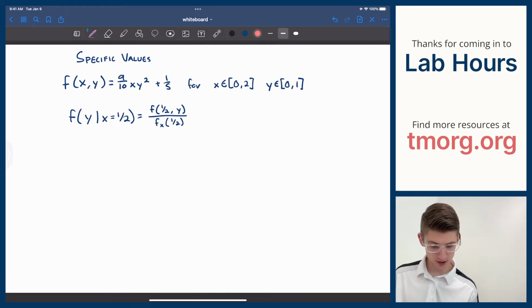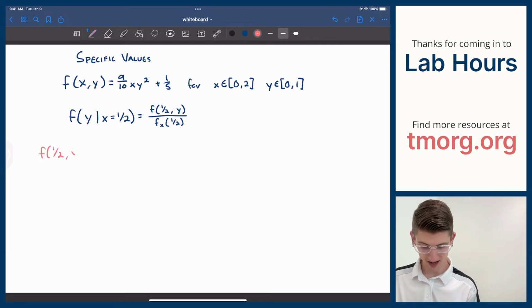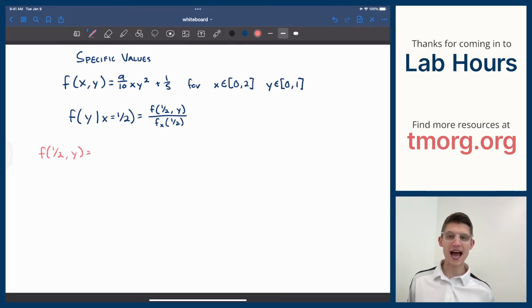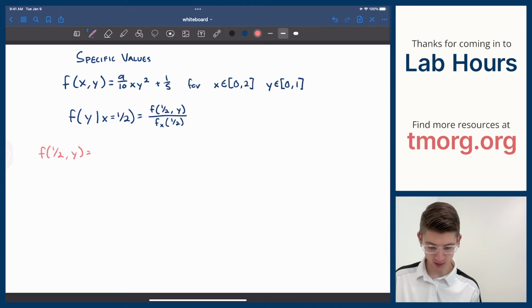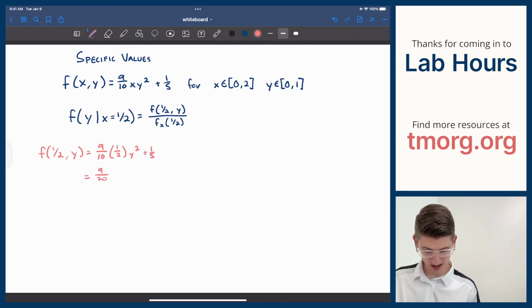So let's go ahead and do that. Our two parts, the first part is the numerator, and that's actually really easy. F of 1/2 and y is just plugging 1/2 in for x. So we get 9/10 times 1/2 times y squared plus 1/5. That's equal to 9/20 y squared plus 1/5.